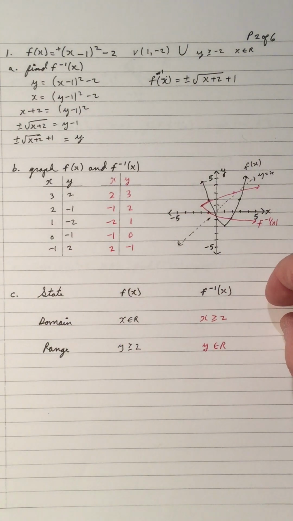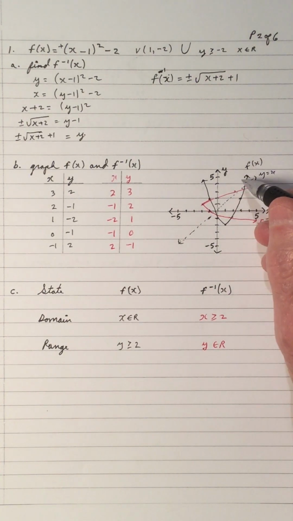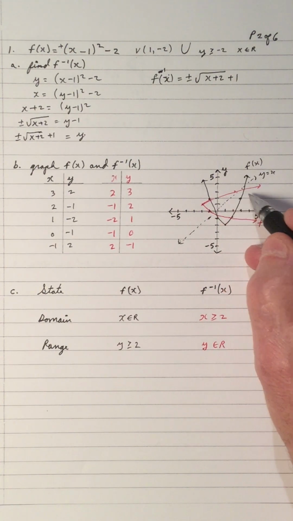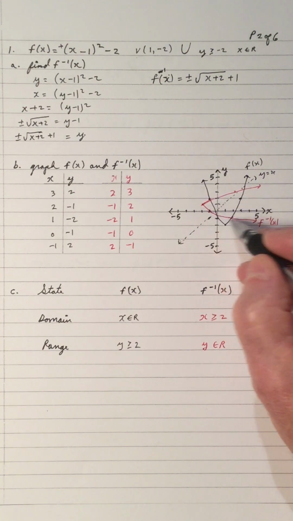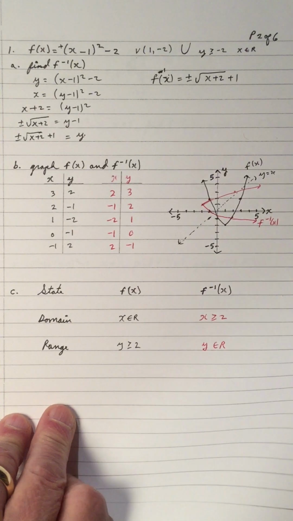So what I'm trying to get at is that if this is moving upward, then the inverse is going sideways, going to the right. Okay, keep that in mind.